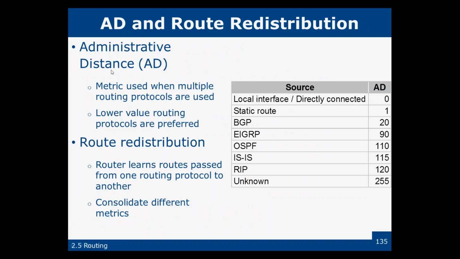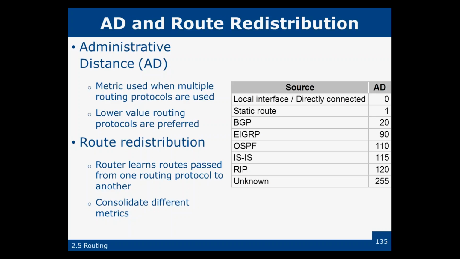The metrics, administrative distance here, are the things that are going to determine how trusted the route is. So when we're looking at these things, the lower the number, the better. The local interface directly connected has a 0 administrative distance. It's absolutely the most trusted. The static route is a 1. It is trusted more than the dynamic routing protocols.